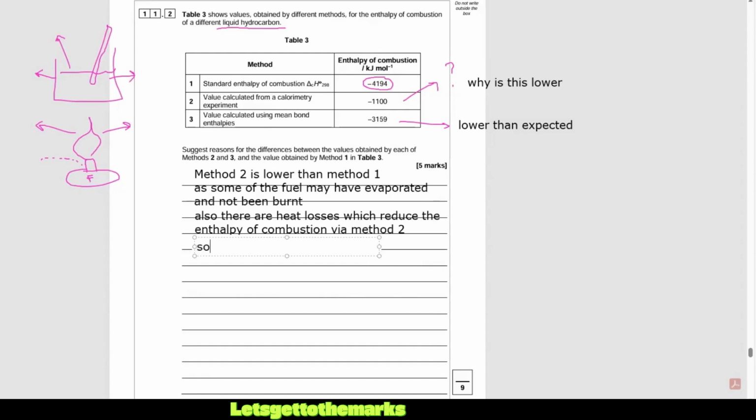Anyway, some incomplete combustion of fuel by method 2 is less exothermic. You don't release as much heat, so you're not going to heat the water as much for the same amount of moles that are burnt. So look, there's at least 3 marks just for talking about the difference between method 2 and method 1.